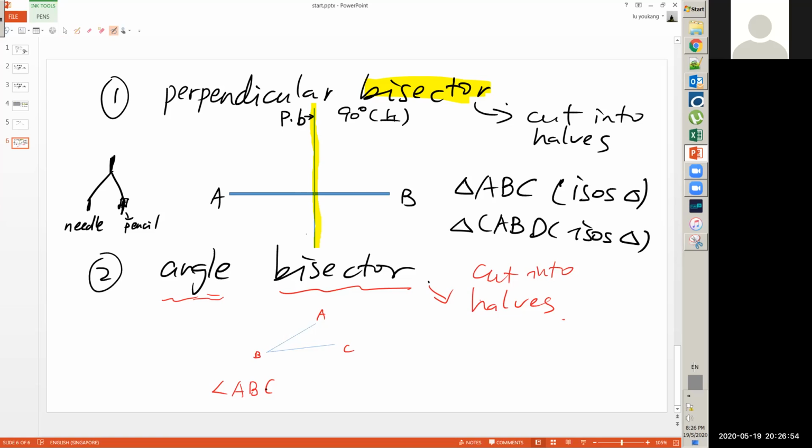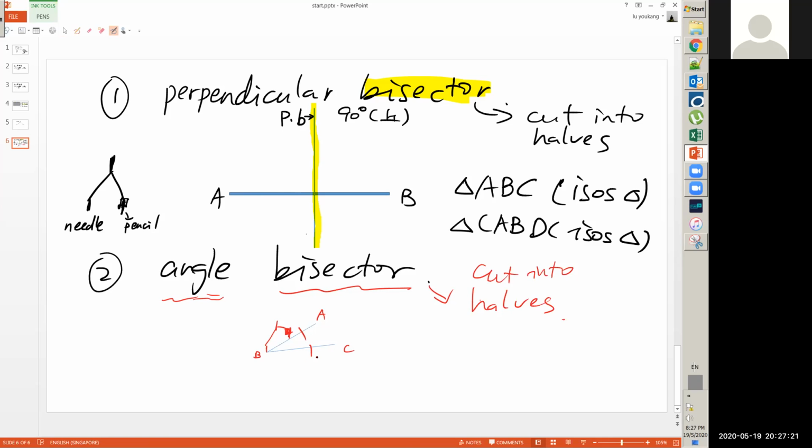So how do you get this angle bisector? Once again, use a compass. Imagine your needle is here, and then use your pencil to draw an arc here and here.